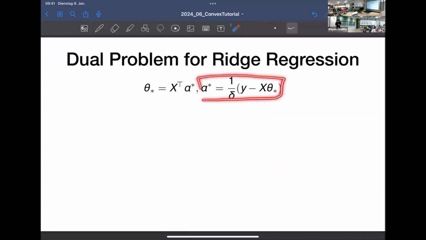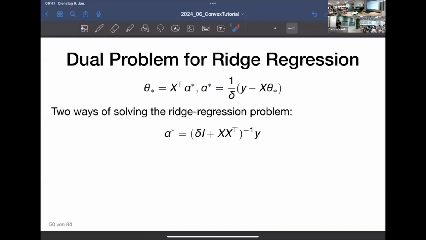Then just plugging these two equations into each other, we have two ways of solving the ridge regression problem. I can plug my theta star in here, and then I just have a linear equation in alpha. I can solve that for alpha. I get this way. But I can also solve in theta by plugging the alpha in here, and I get this kind of equation. So I find this quite fascinating. We didn't do much. We just wrote the quadratic as a maximum of linear functions, and we somehow ended up with the matrix inversion lemma.